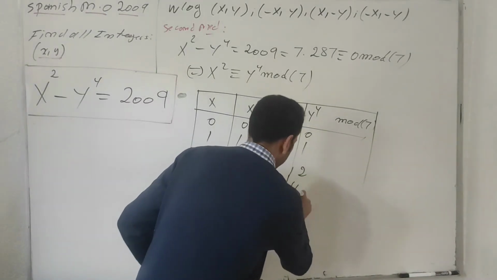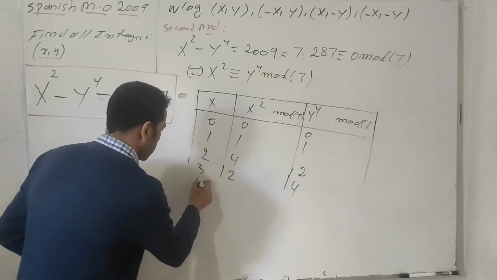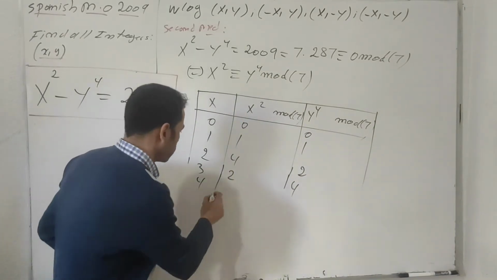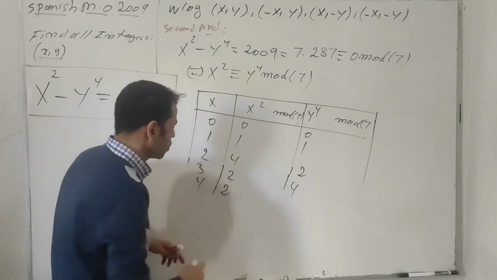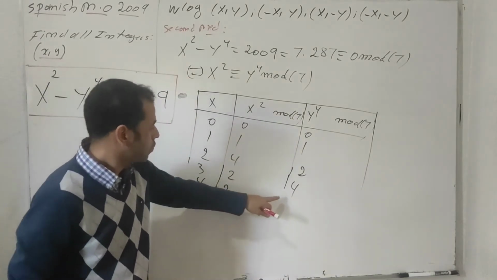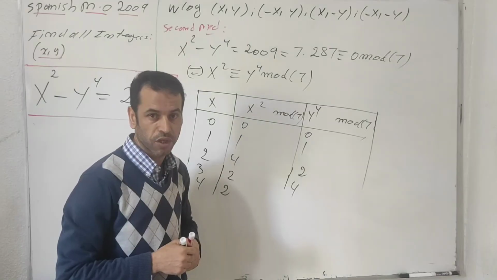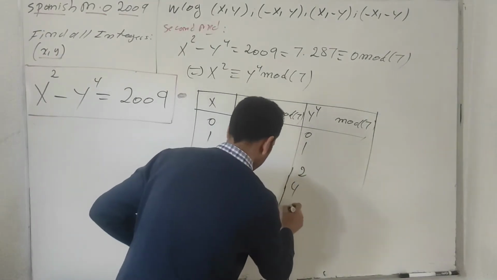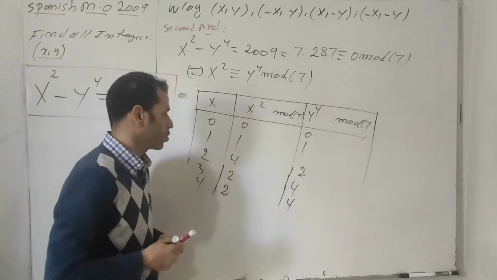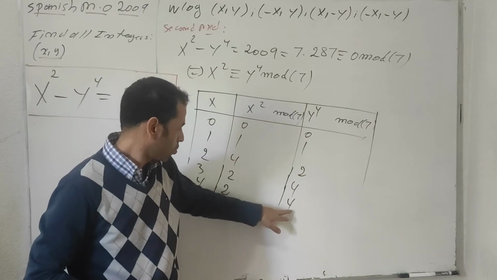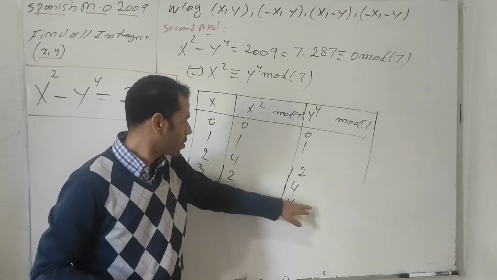For number 4, x squared is 16, which is the same as 2 mod 7. For 4 to the 4th, which is 256, it is 4 mod 7, because 256 is 4 more than 252, which means this one is congruent to 4 mod 7.